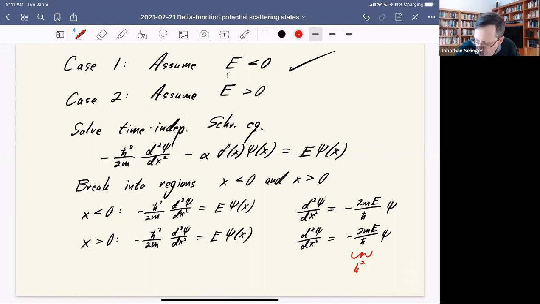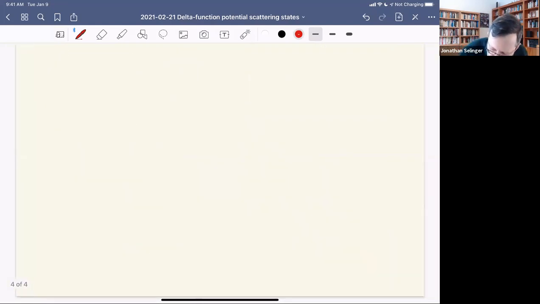All right, so we could say the solutions are complex exponentials.